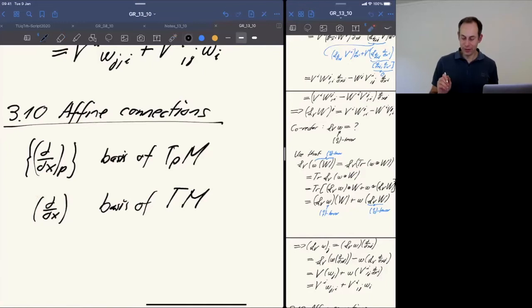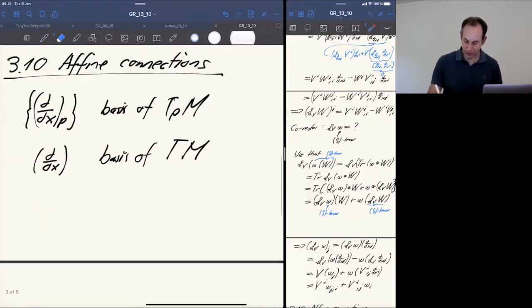Now the question is, could we somehow hope to still construct a basis by putting things together? Maybe I need a small picture.